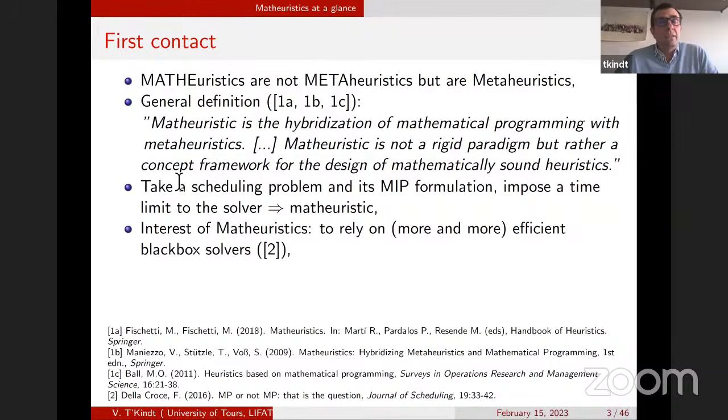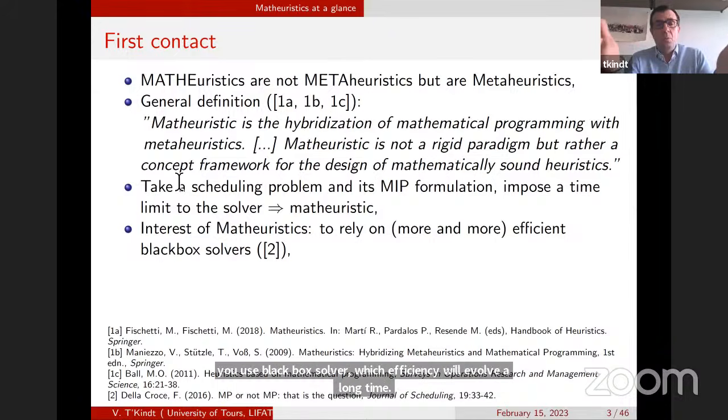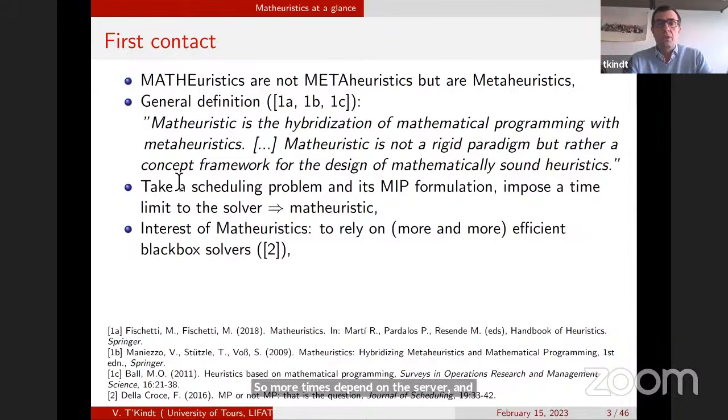One may ask, what is the interest of Matheuristics? What is the interest of using an IP solver, which basically works in exponential time, to solve a problem heuristically? Well, the interest is that you use a black box solver whose efficiency will evolve over time. The more time is spent on the solver, the more efficient your heuristic will be in the end.